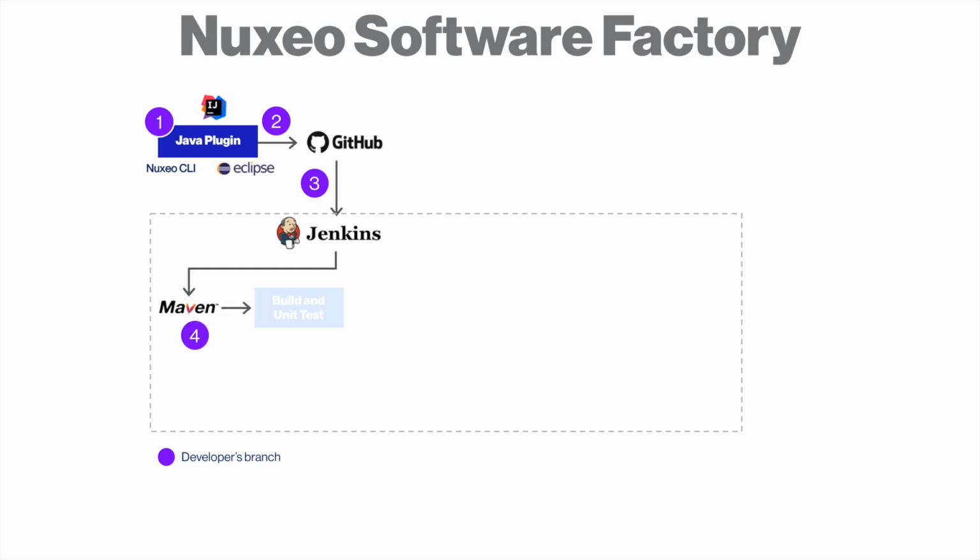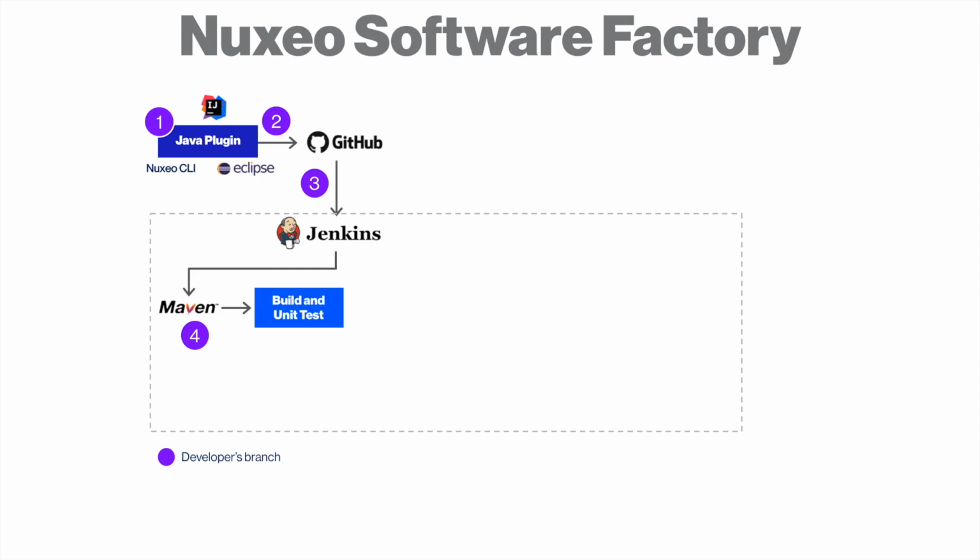So Maven builds the plugin and unit tests it. To summarize, as a developer, I work on a plugin. When I'm done, I push on GitHub, and automatically Jenkins pulls the change and asks Maven to build and unit test.